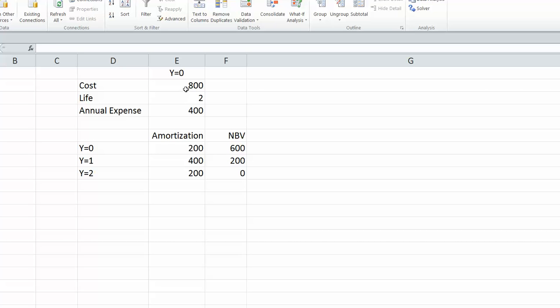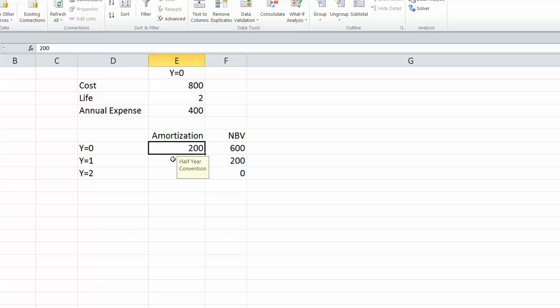First, let's look at the cost of $800,000 that we spent last year. If we assume it has a 2-year life, then the annual amortization expense will be 800 divided by 2, or $400. Typically, we're going to apply our half-year convention because the assumption is that the advertising wasn't necessarily incurred at the very beginning of the year, but on average throughout the year.